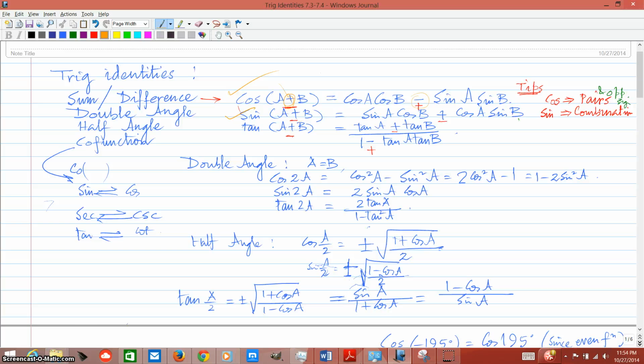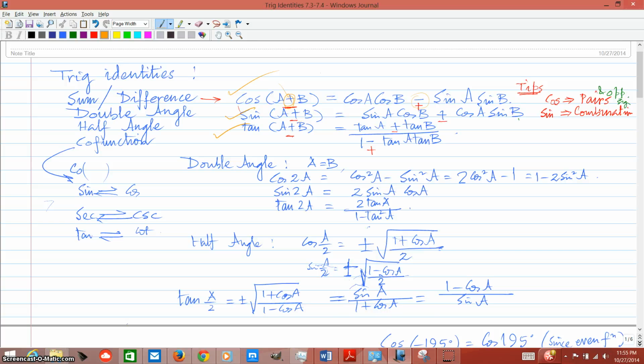You may also pay attention that cosine function was in pairs, cosine cosine sine sine, so that may be one of the ways you can remember that cosine function always comes in pairs and it has opposite sign. And for sine function, it comes in combination and it has the same sign. Tangent A plus B is also given.